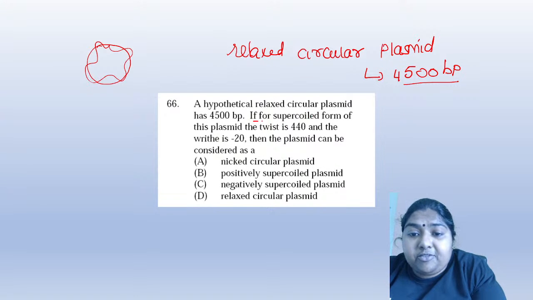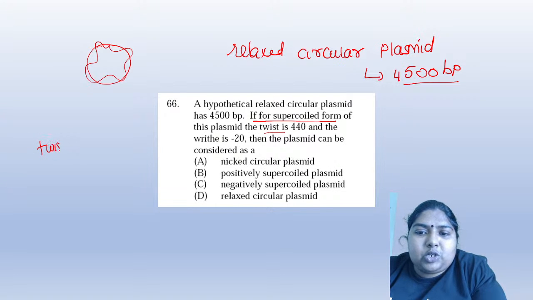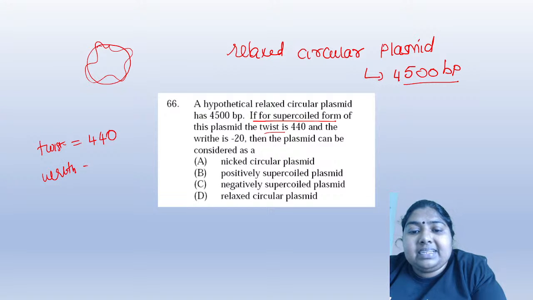For the supercoiled form, the twist is going to be 440, and the writhe is going to be -20.